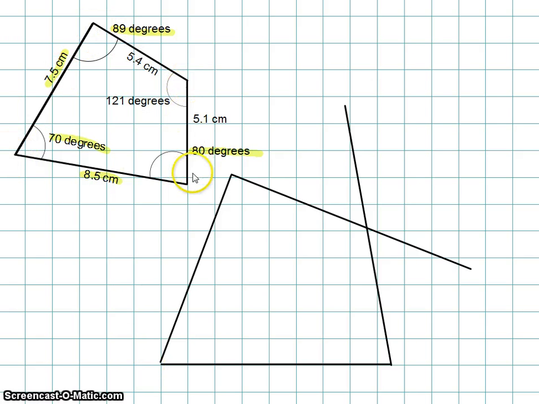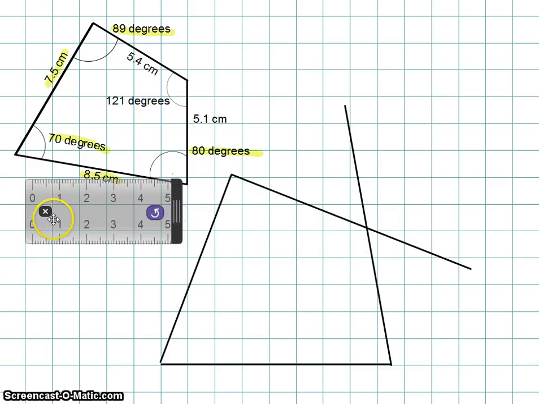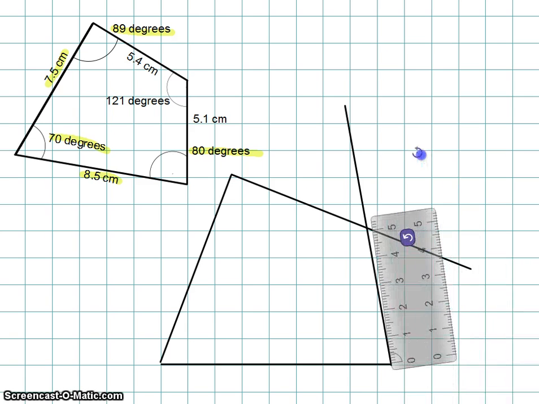So if you measure this side, it should be 5.1 centimeters long. Now let's just quickly check to see if it is. It should be. Okay, so I'm going to place the tip there, and I'll rotate it around, and yeah, bingo! It's exactly 5.1 centimeters long. Now remember, we didn't focus on the length of this.